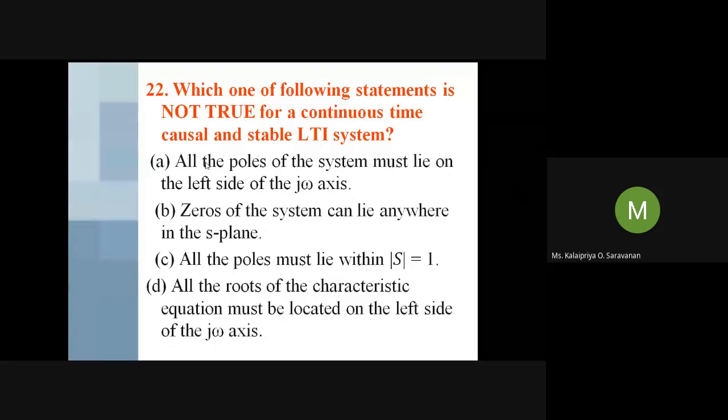Now, read the given options. All the poles of the system must lie on the left side of the j omega axis. Zeros of the system can lie anywhere in the S plane. All the poles must lie within modulus of S is equal to 1. All the roots of the characteristic equation must be located on the left side of the j omega axis.